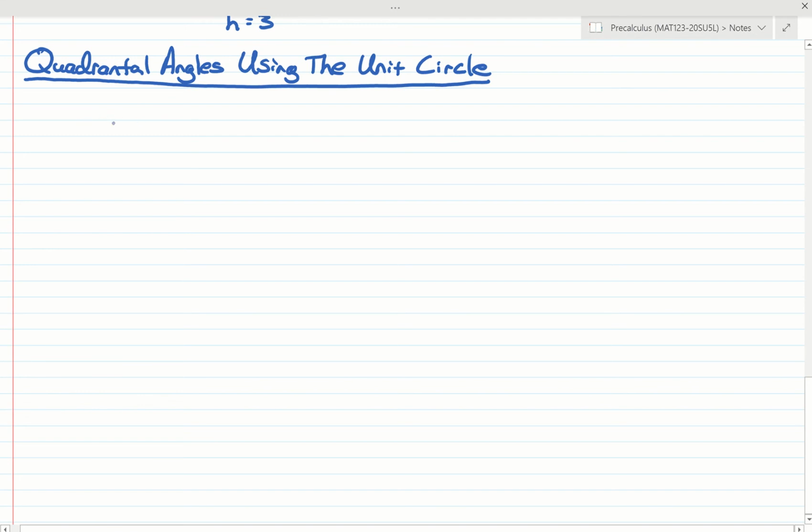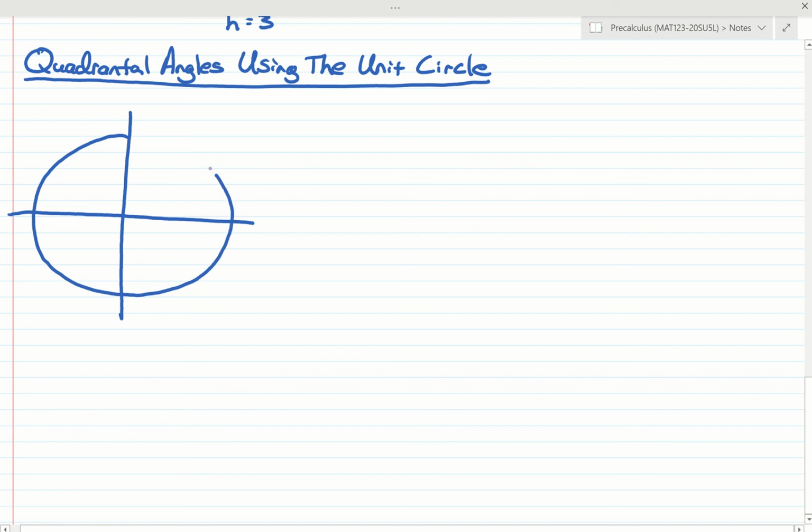But when we're talking about quadrantal angles, which we talked about in the last section, we have to think about our unit circle. Now, we'll draw a circle here. Unit means the radius is 1. And we have a point along the circle. That point has an x-coordinate and a y-coordinate. It's a right angle, and this is our reference angle.